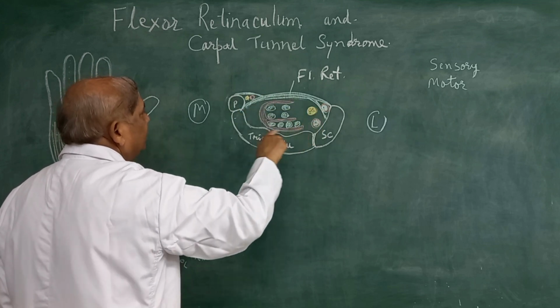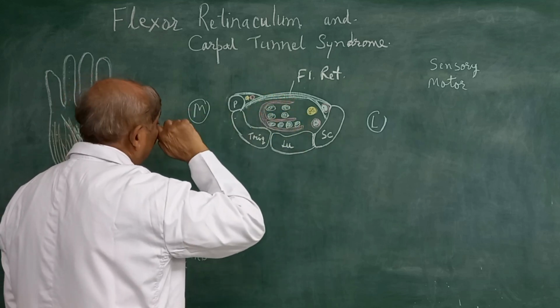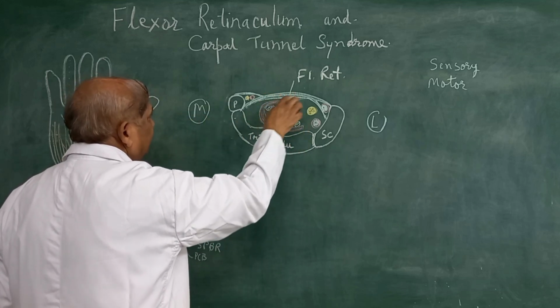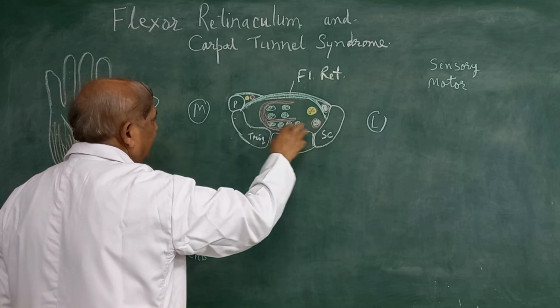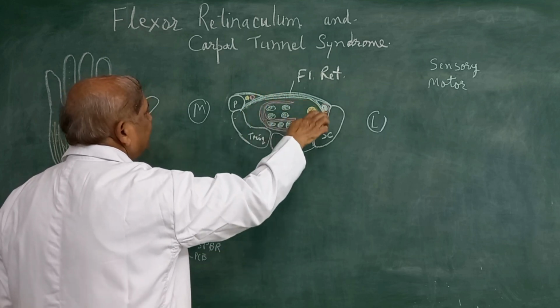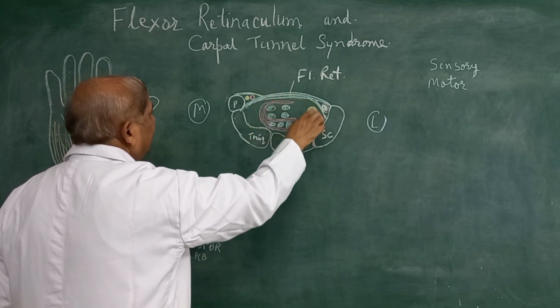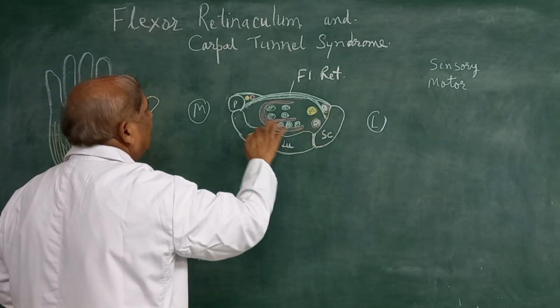It gives rise to a quite narrow tunnel-like structure. Though I have shown here the structures deep to the flexor retinaculum with a lot of space around them, in reality there is hardly any space, and they tightly fill this tunnel-like space. So this is the carpal tunnel.